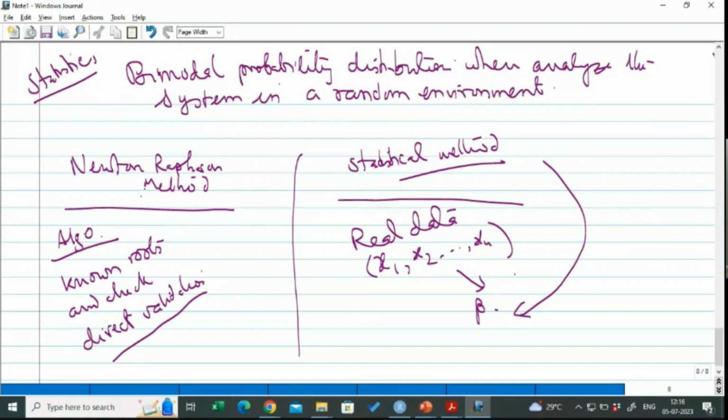Immediately my question is, what is the validation? I develop a statistical method to estimate or approximate. Mathematicians prefer approximate, statisticians prefer estimate. So I want to estimate the parameter beta, and I get an approximation, let us call it beta cap. Now I am never able to understand whether this beta cap is equal to beta or not.